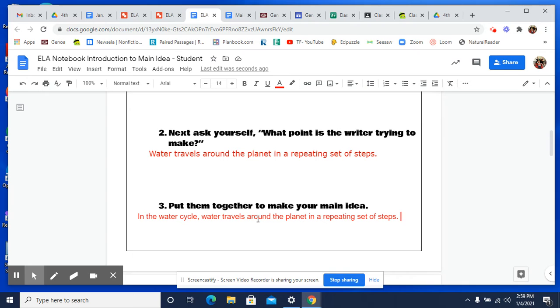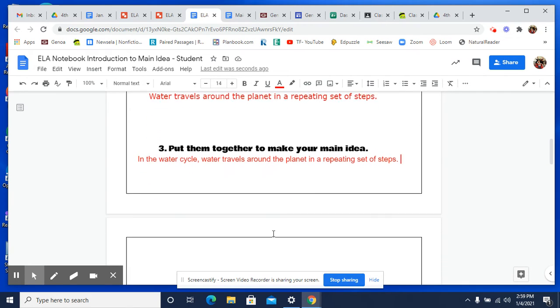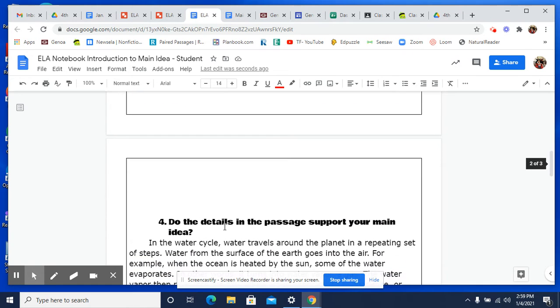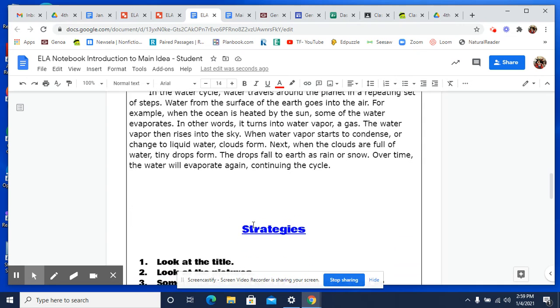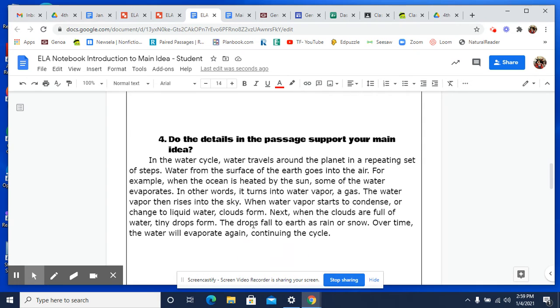Now, to make sure that that is correct, we need to make sure that we have details to support it, right? If the details don't support it, then it can't be our main idea. So what I want you to do now is take your highlighter and highlight the details that support your main idea, which remember the main idea is that in the water cycle, water travels around the planet in a repeating set of steps.